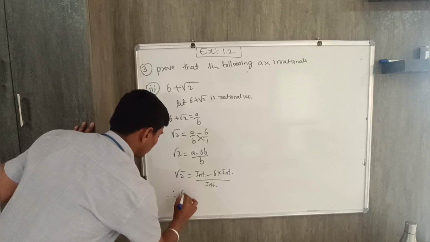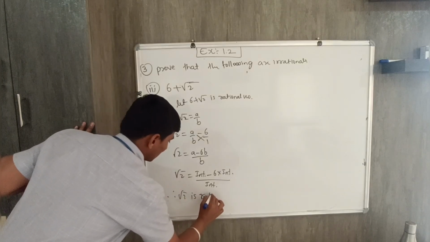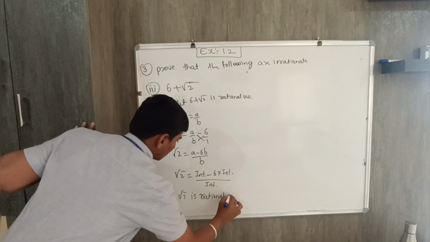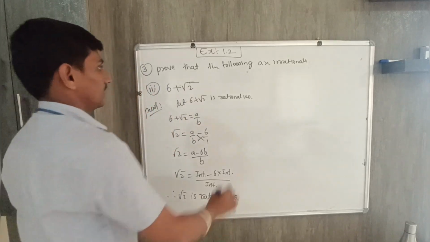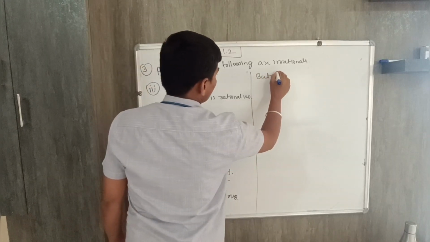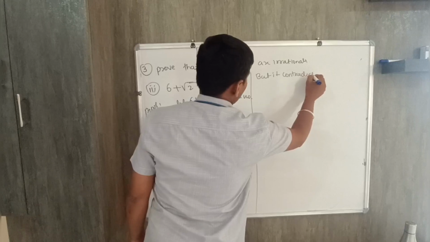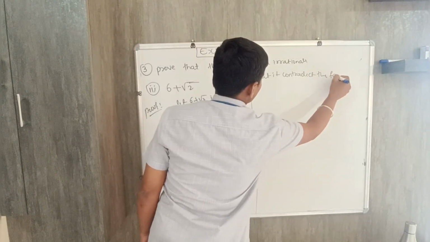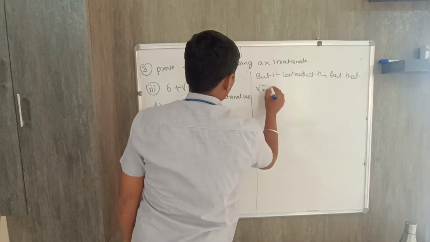So therefore root 2 is a rational number. Root 2 is a rational number. Next, but it contradicts the fact that root 2 is irrational.